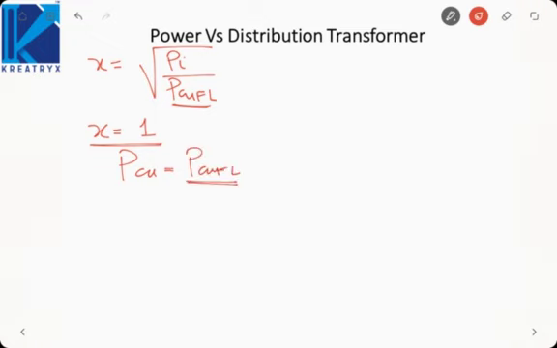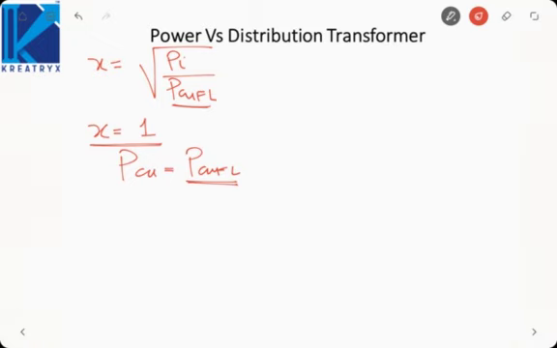So here full load copper loss becomes critical and we need to take care that the full load copper loss is minimum, because the copper loss at any time of the day will be equal to full load copper loss. Why? Because the transformer operates at full load.